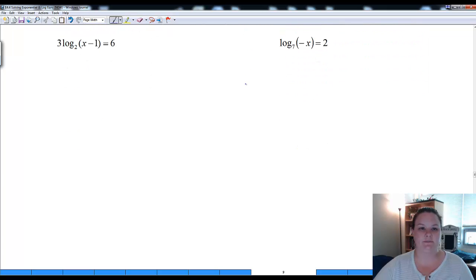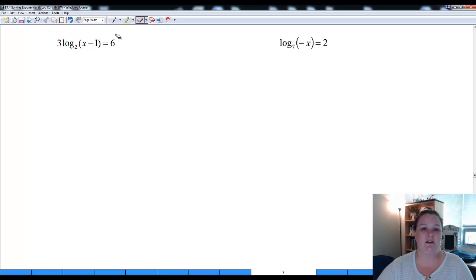Let's scroll down here. This one, notice I just have one log term, but right now it's not as isolated as I would like because it has this 3 stuck to the front of it. And I can't change forms when I have a coefficient. So there's 2 ways to get rid of this. I could take this 3 and move it up here into the exponent, but that's going to give me a quantity that I'm going to have to multiply out a whole bunch of times, which is a lot of extra work that I really don't want to do.